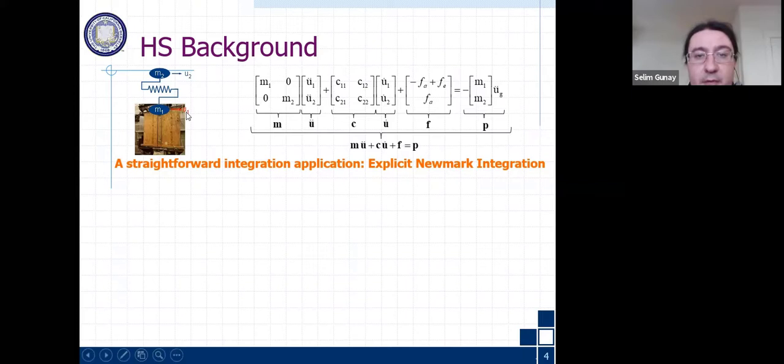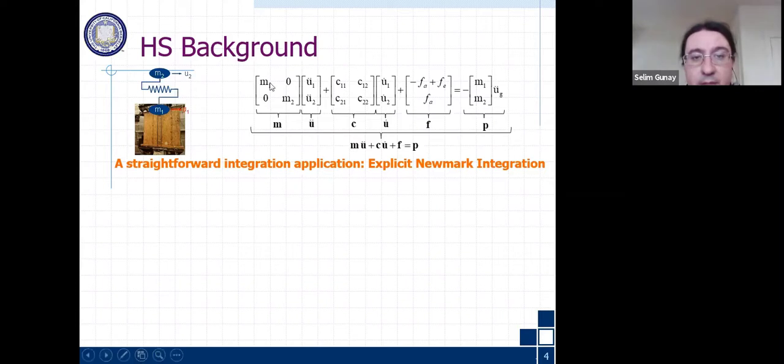When we are solving this using numerical integration, we are doing another discretization, which is the discretization in time. We have integration time steps, and we solve for the unknown quantities for each discretized integration time step.